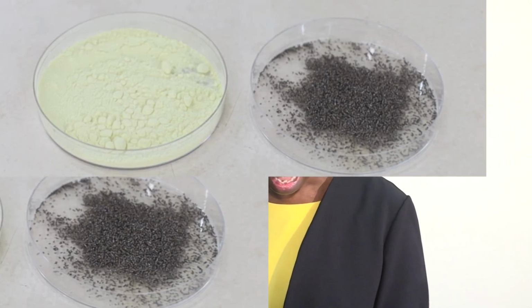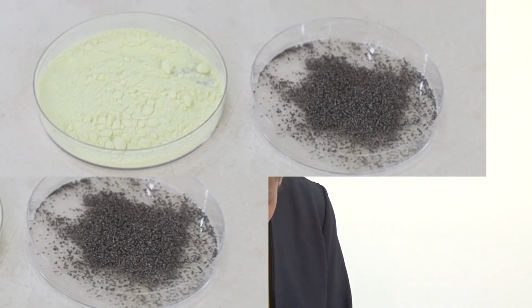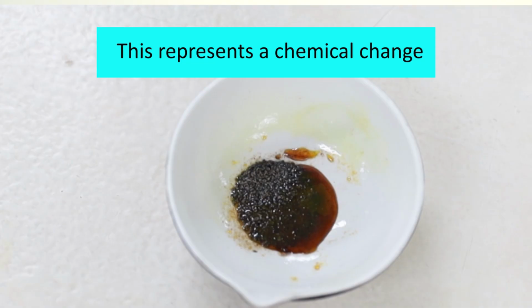There was a flame produced, a yellow-looking flame. And now we have a very black-looking substance that has an odor that is totally different in composition to what we have in this container. So because we cannot get our original substances from this heated mixture, we would call that a chemical change.